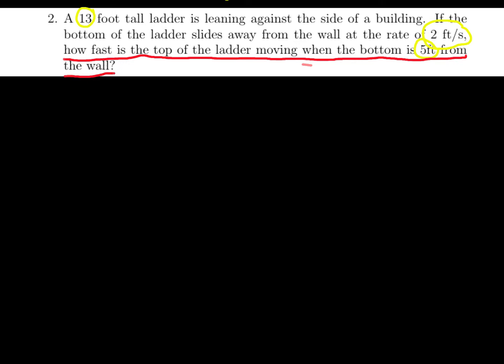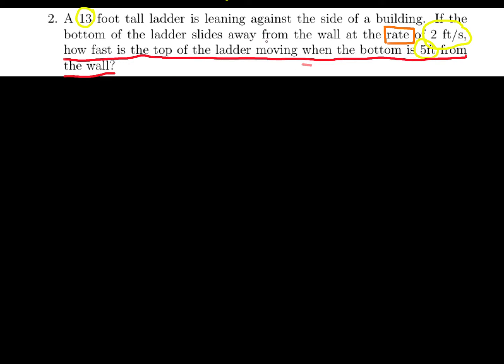And now we're going to box any of our math actions. So leaning, if the bottom of the ladder slides away at a rate, that is a math term, right? Rates should immediately trigger in your mind the idea of a derivative.